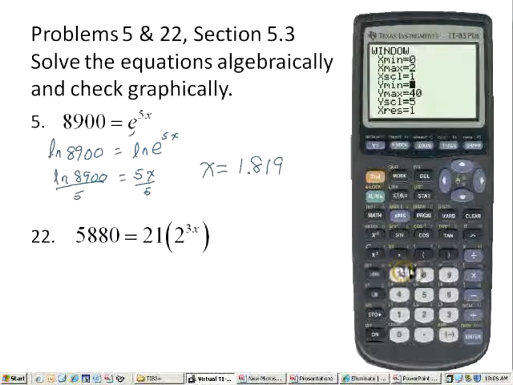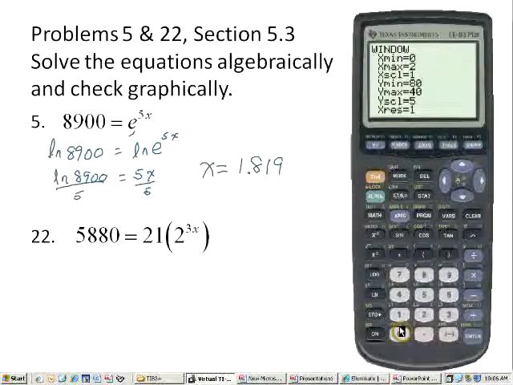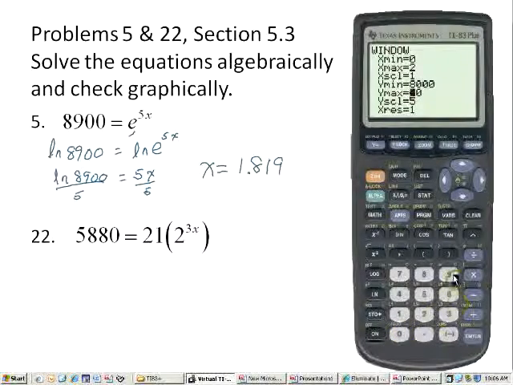Since I need to be at 8,900, I'm just making a guess here: let's go from 8,000 to 9,500 so we can see a little bit, and make the scale about 100. Let's look at what we get when we graph these two. This is just a line.